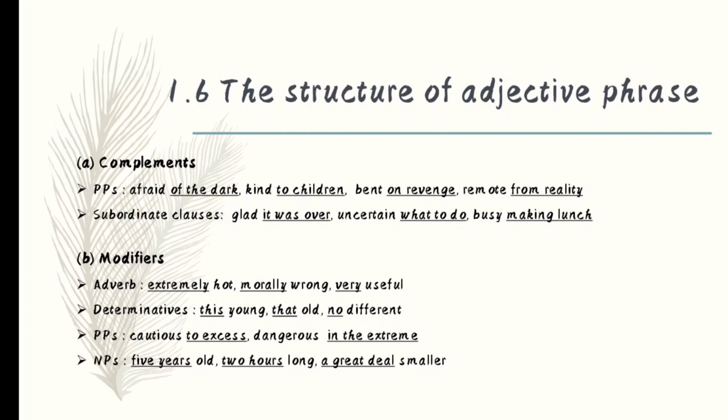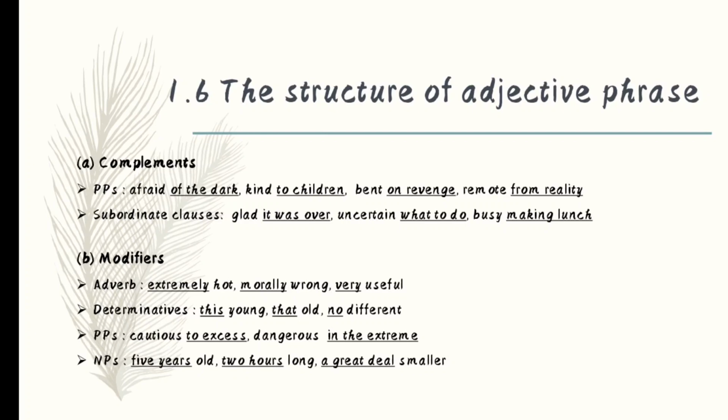And the second complement is subordinate clause. For example, glad it was over, uncertain what to do, and busy making lunch. Glad is an adjective and it was over is a subordinate clause.